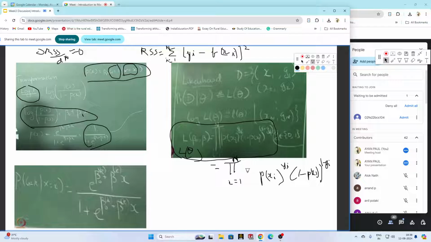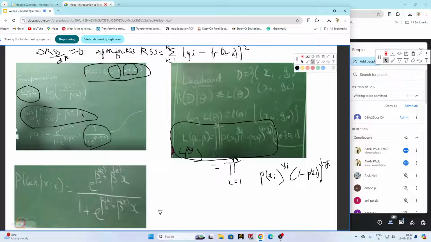This is another difference. Here we are talking about the probability of that point belonging to one class, so earlier we were talking about arg min of RSS with respect to beta.